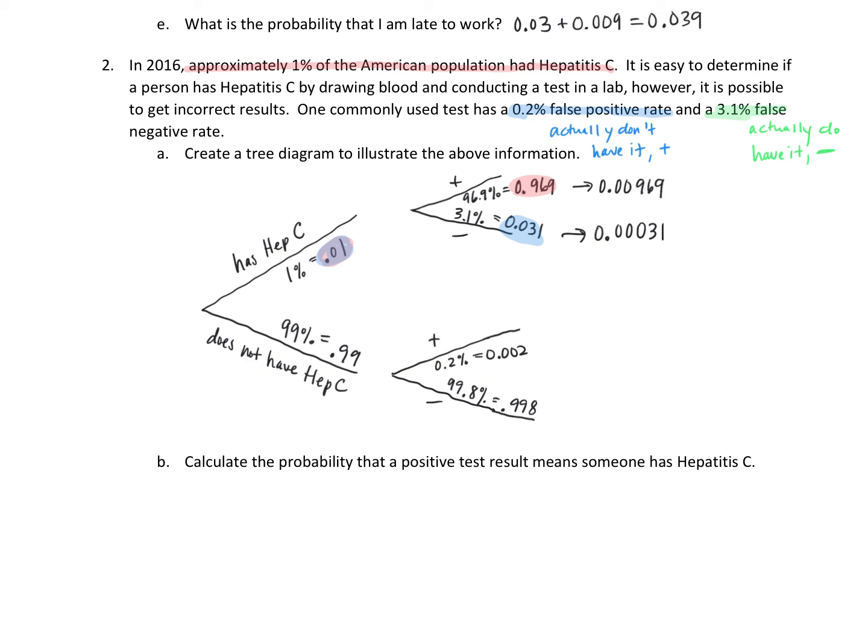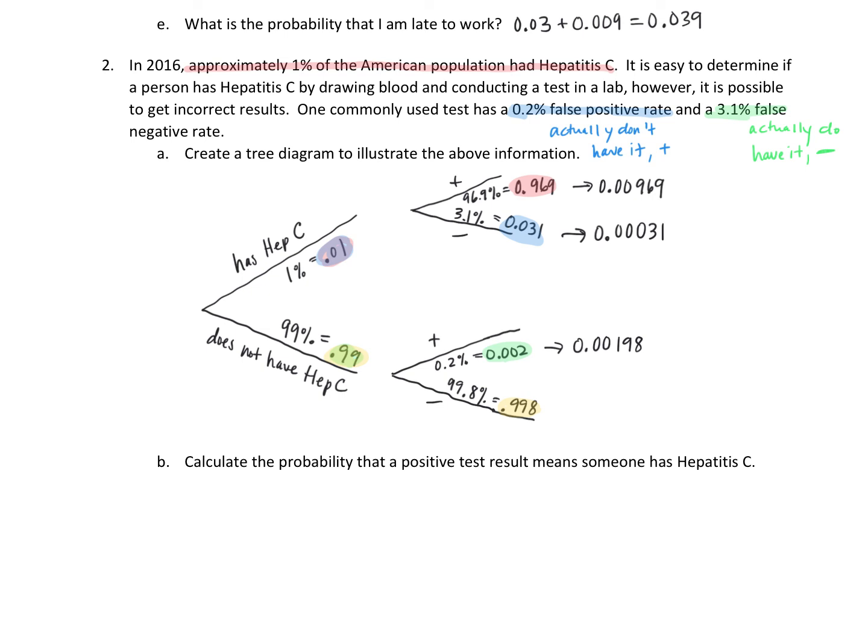Okay, so now we're going to do the bottom. So the probability that you do not have hepatitis C, but that you get a positive result, you could find by multiplying those together. So 0.99 times 0.002, and for that we get 0.00198. Okay, the last option is that you do not have hepatitis C and you get a correct negative result.